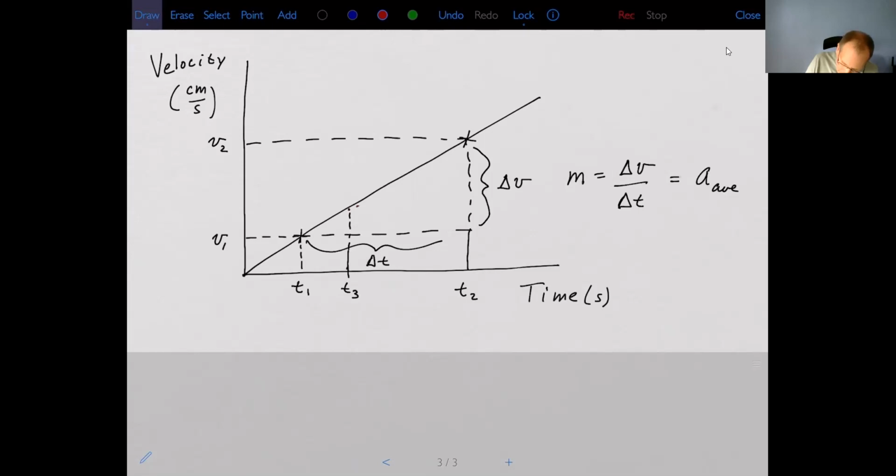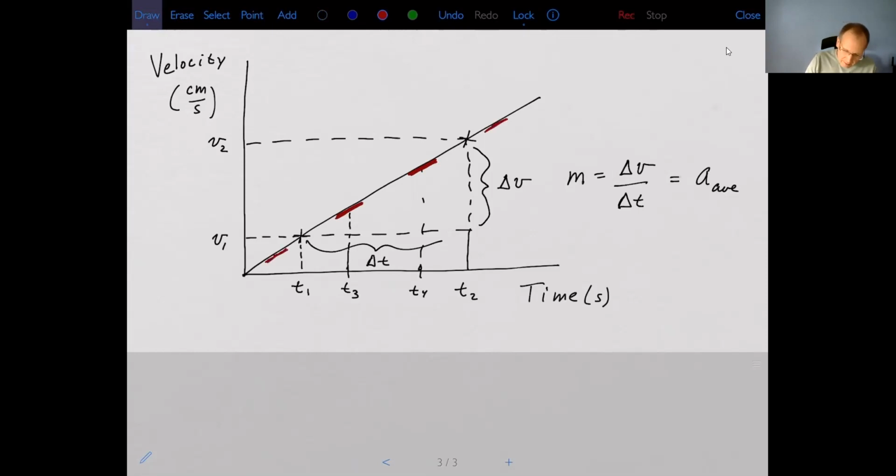Since it's linear, it's going to be the same slope. So the slope of that little tangent line is the instantaneous acceleration at that time. If I want to know it at T4, I draw a little tangent line, and its slope is the instantaneous acceleration at that time, and so on and so forth. I can do this at any time that I want.